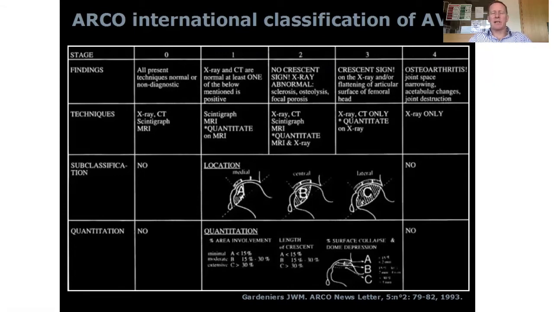But nevertheless, I would try and commit to memory the Penn classification, one classification system that attempts to define how much of the femoral head is involved, and then ARCO, which tries to combine the amount and the location, for the reason that lesions in the weight-bearing area will tend to be more symptomatic and more vulnerable to collapse.